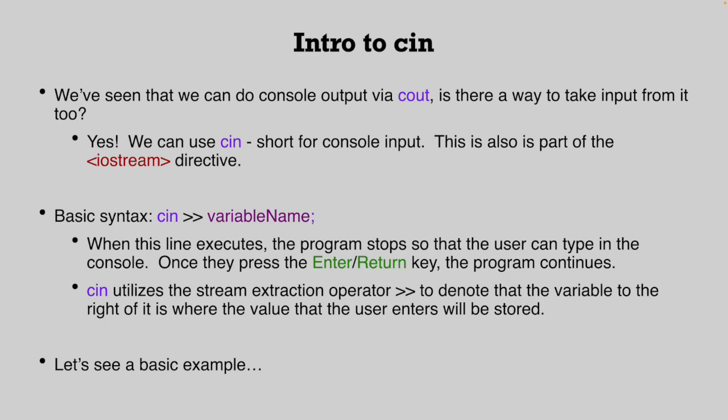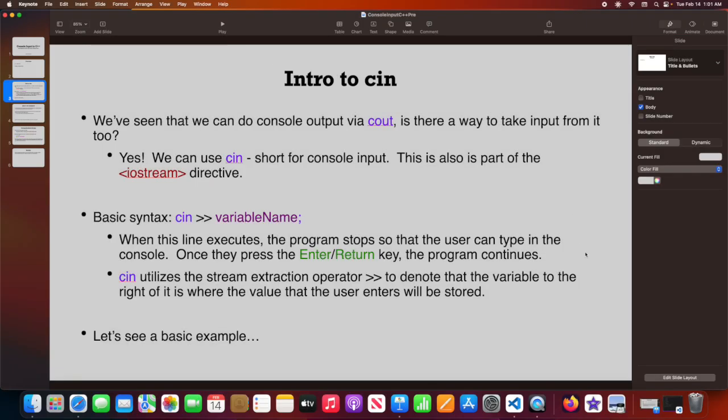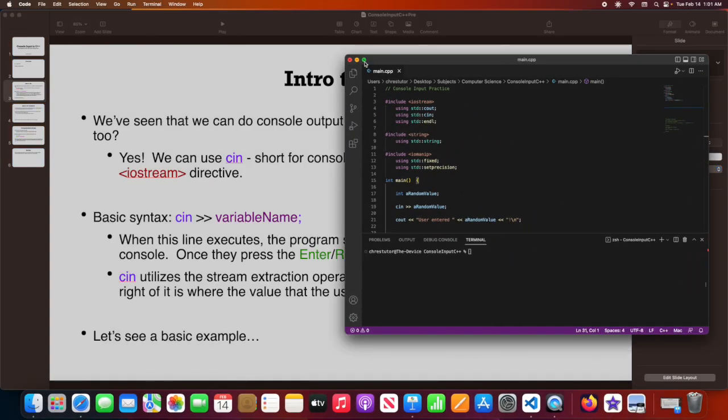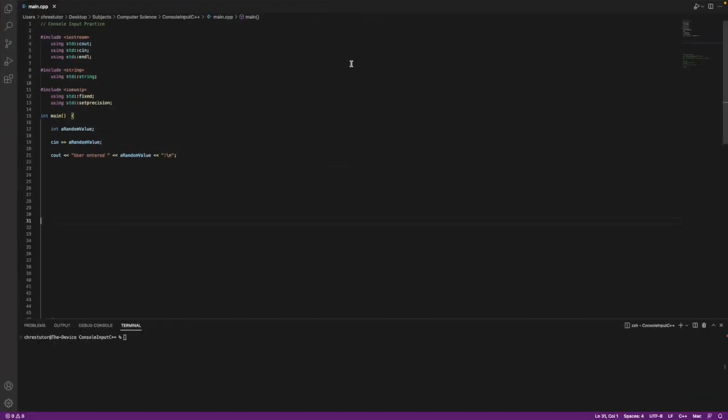So let's see a basic example. Here's our program, a few basic lines. We have an integer declared, and we have the cin. So we're going to assign a value to this integer, and then we're going to print it out.